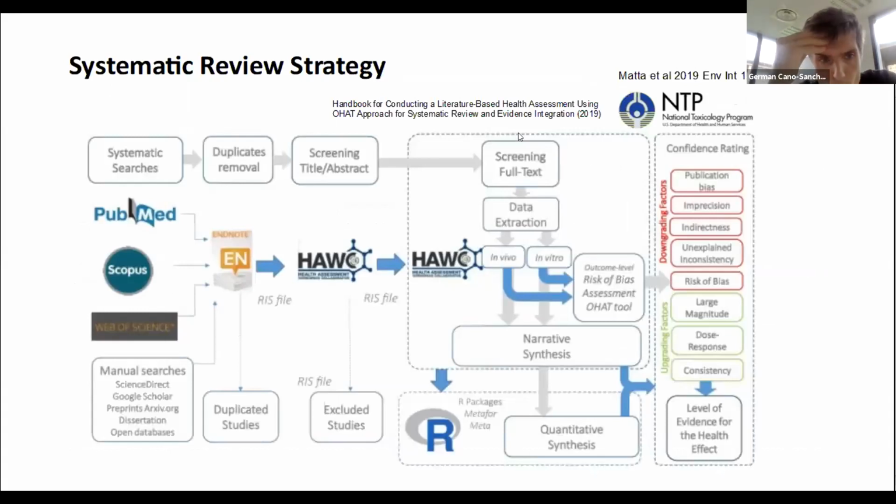The workflow follows an NTP OHAT approach that was managed by Holger, which we use for synthesis and also to manage the risk of bias assessment, and we then conducted the evaluation of the level of evidence.